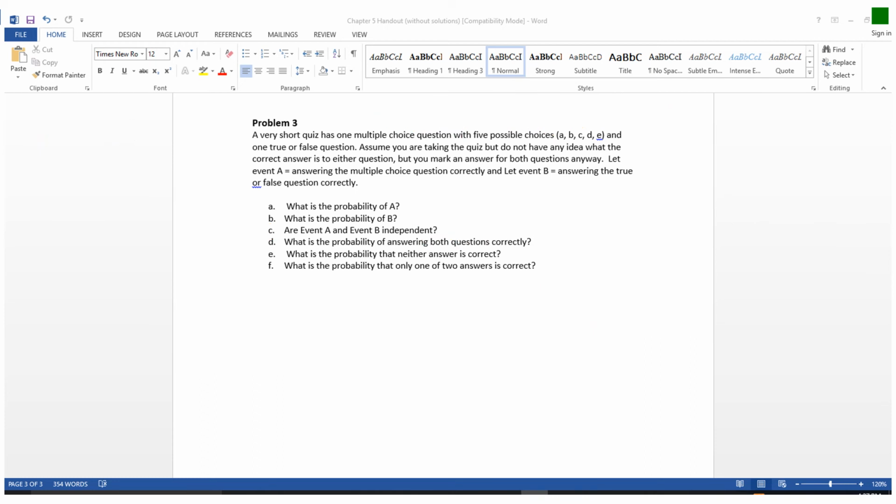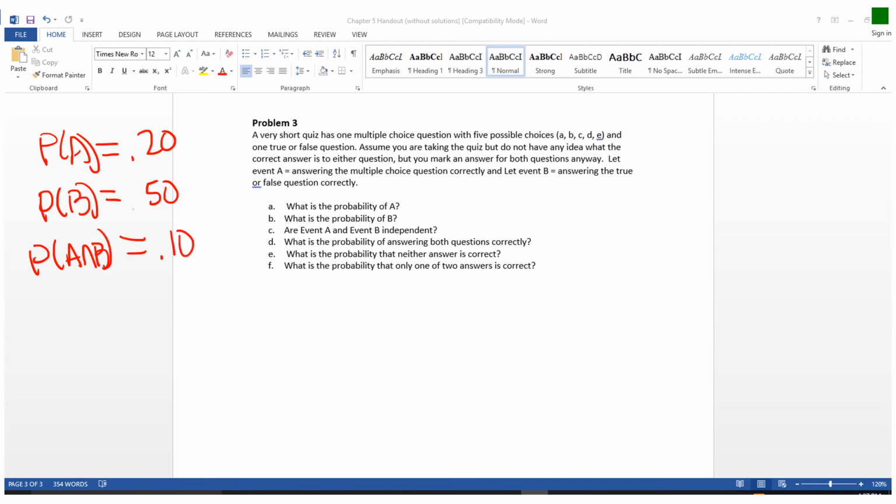So just to summarize, the probability of A was 0.20, the probability of B was 0.50, and the probability of the intersection, because they're independent, you simply multiply these, and you get 0.10.